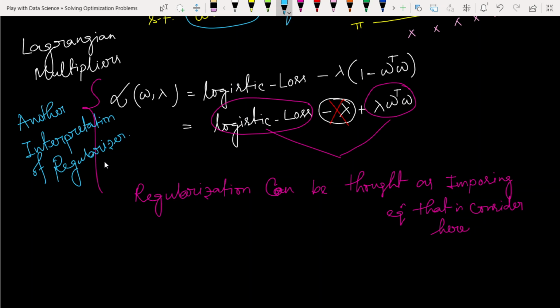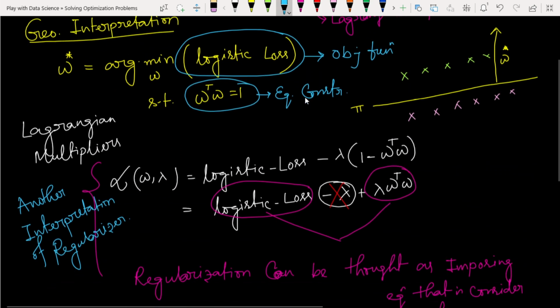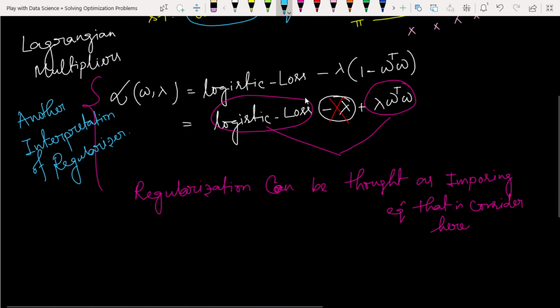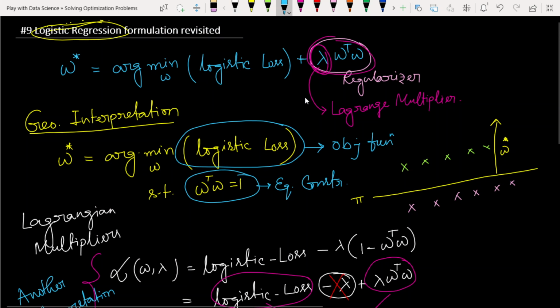So this is one interpretation. The regularizer has many interpretations, but one of them is simply the equality optimization constraint and the Lagrangian multiplier. I think the beauty of logistic regression is that you understand how the geometric interpretation and the Lagrangian multiplier interpretation combine through a regularizer term.